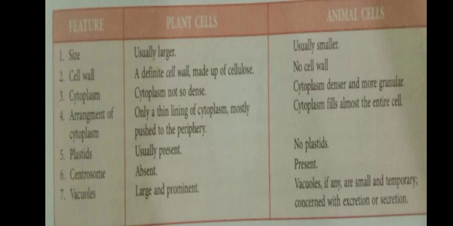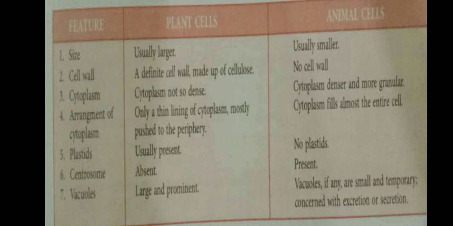Cell wall. Plant cells have a definite cell wall made up of cellulose, whereas in animal cells, there is no cell wall at all. Cytoplasm. In plant cells, cytoplasm is not so dense. In animal cells, it is denser and more granular. Arrangement of cytoplasm.